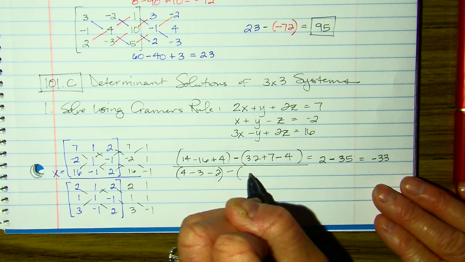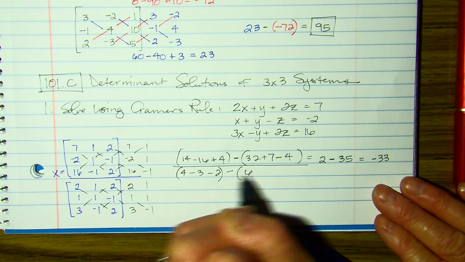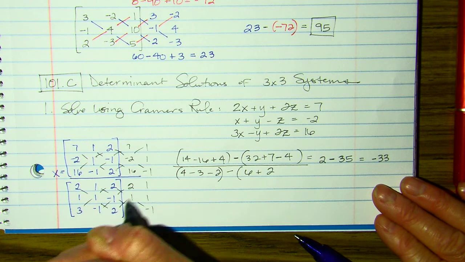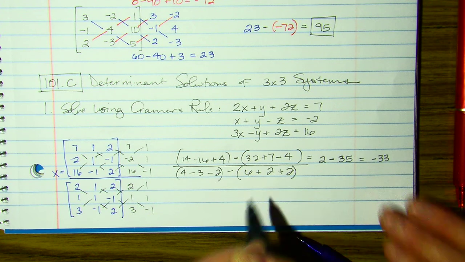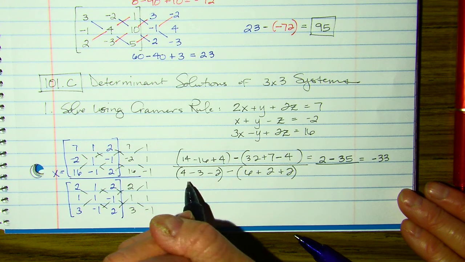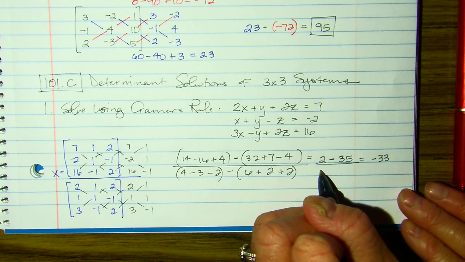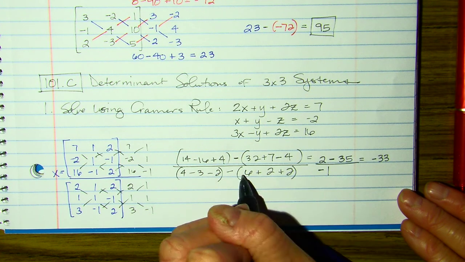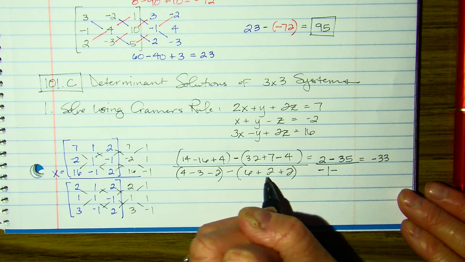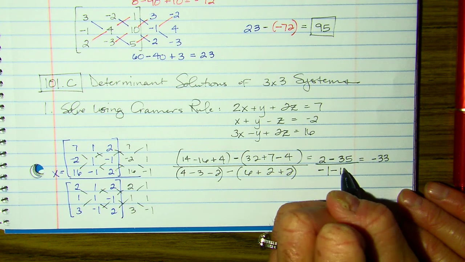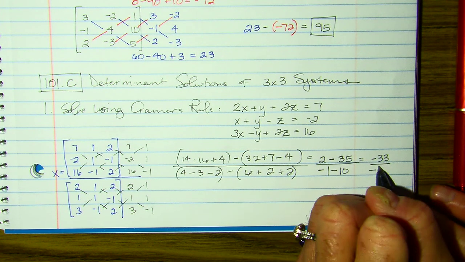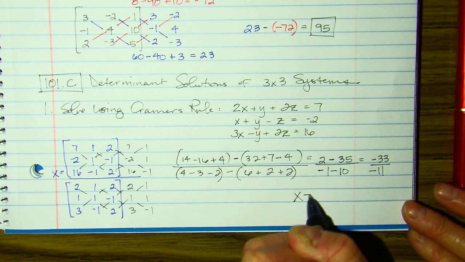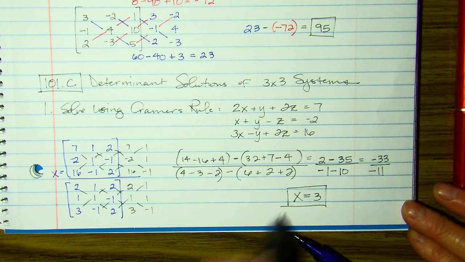So that's 6 plus 2 plus 2. So that gives me, this 4 minus 3 is 1. 1 minus 2 is -1. Minus 6 plus 2, this is 10. So I get -11. So if I divide those out, x equals 3.